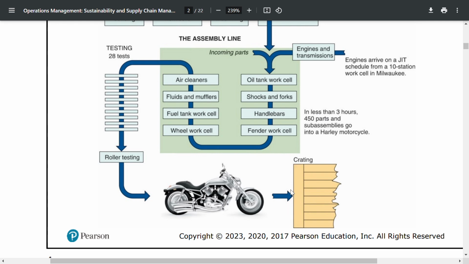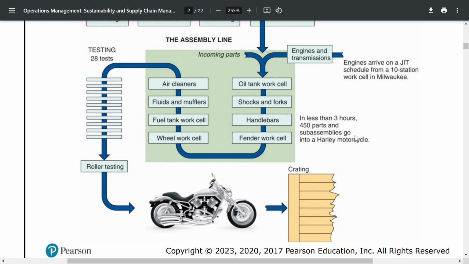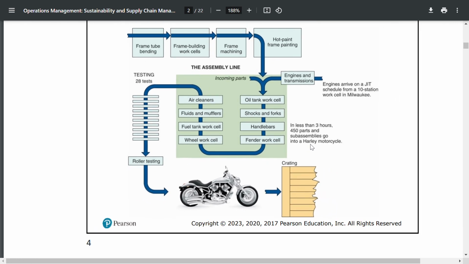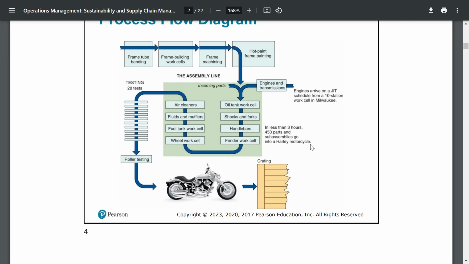So it's produced in less than 3 hours: 450 parts and sub-assemblies go into a Harley motorcycle. Can you imagine how fast this should go? 3 hours, 450 parts, and you can imagine how many motorcycles you would be able to produce during that time.